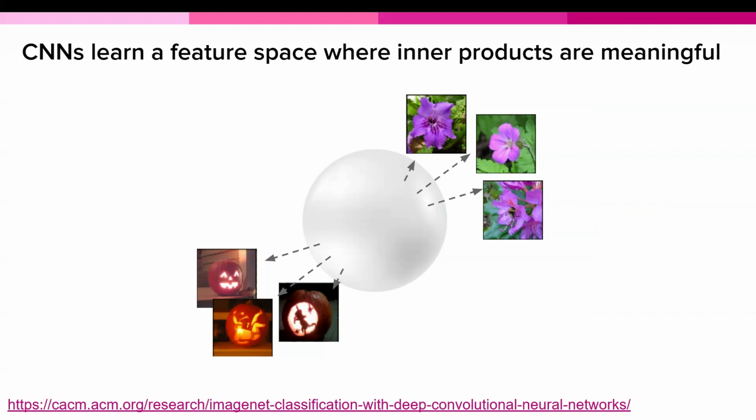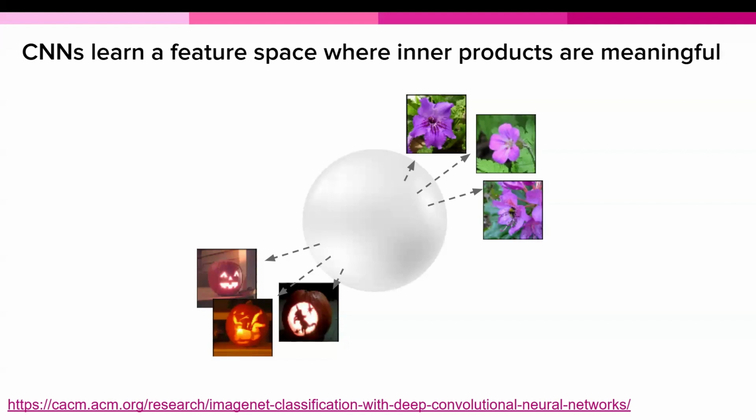The end result is not just a feature map, but actually a feature vector that represents the image in a high-dimensional feature space, which encodes the most important visual characteristics in a way that is invariant to a lot of transformations that we would consider irrelevant to the task of classification.